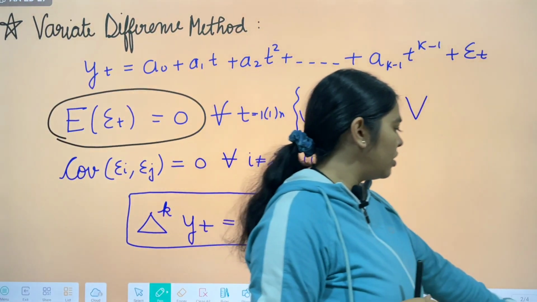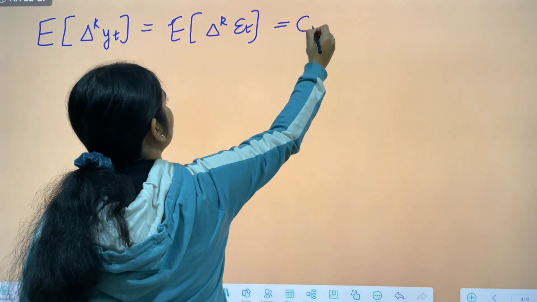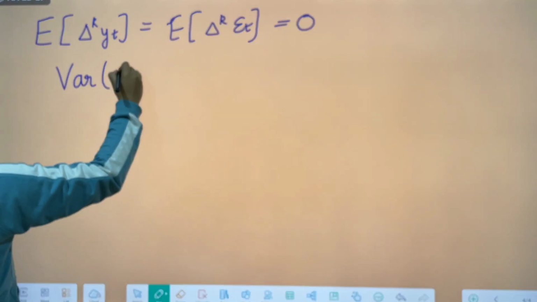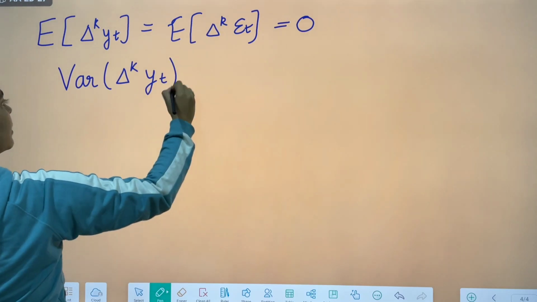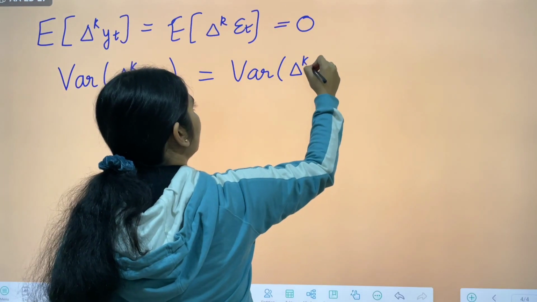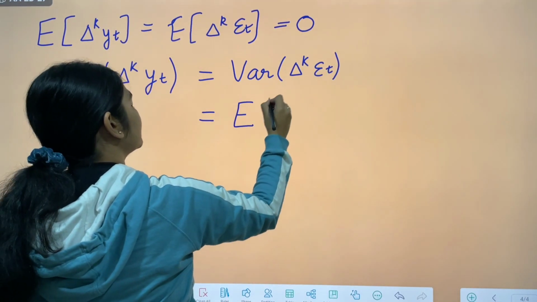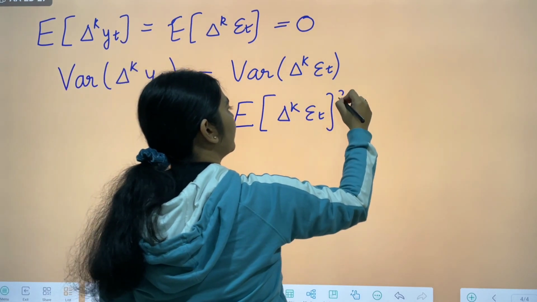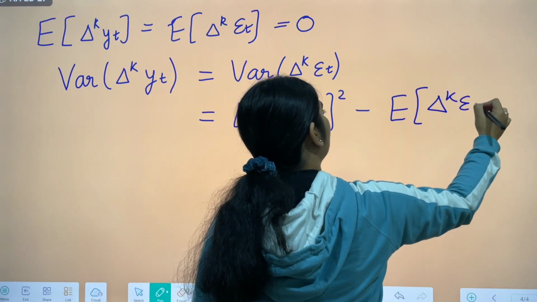So this will also be equal to 0. Hence the expectation of delta k epsilon t is 0. Now variance of delta k yt can be written as variance of delta k epsilon t. Variance of delta k epsilon t can be written as the expectation of delta k epsilon t whole square minus the expectation of delta k epsilon t.